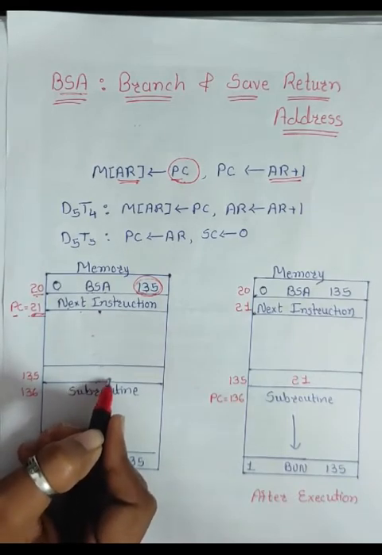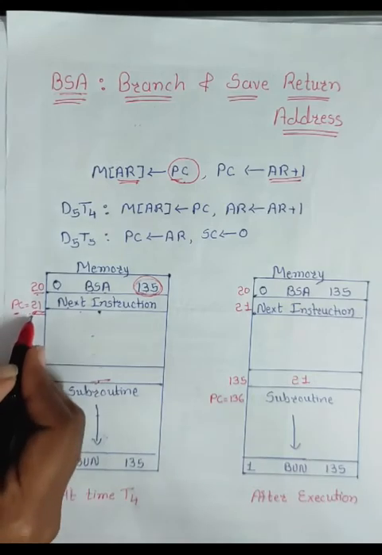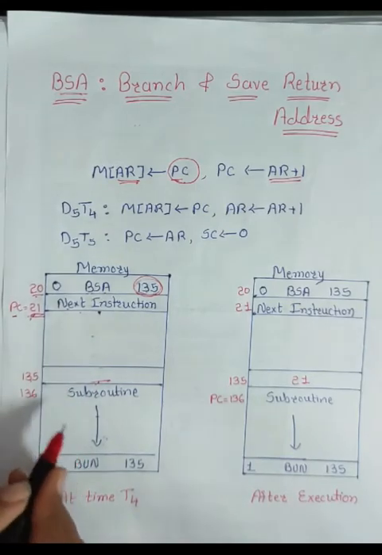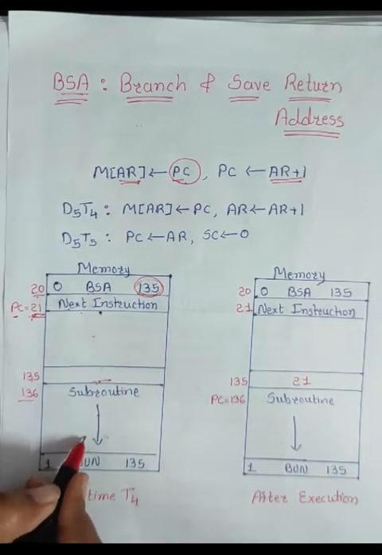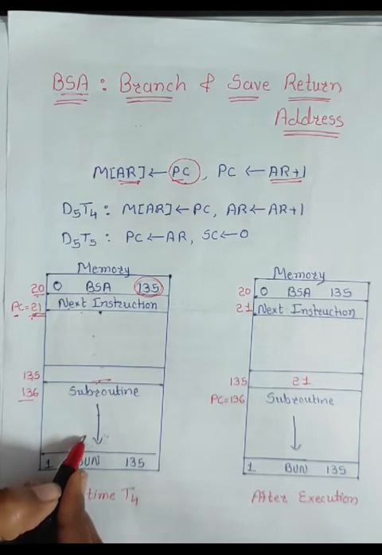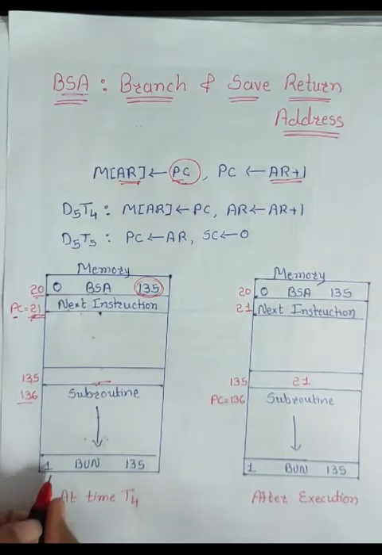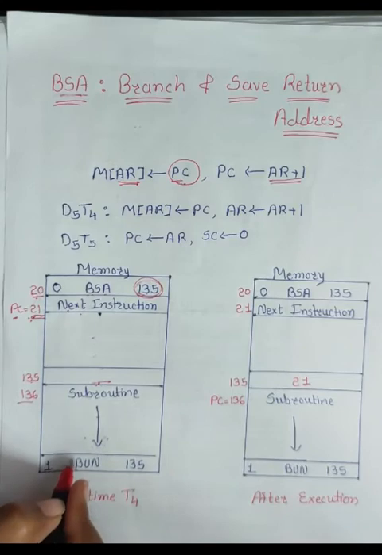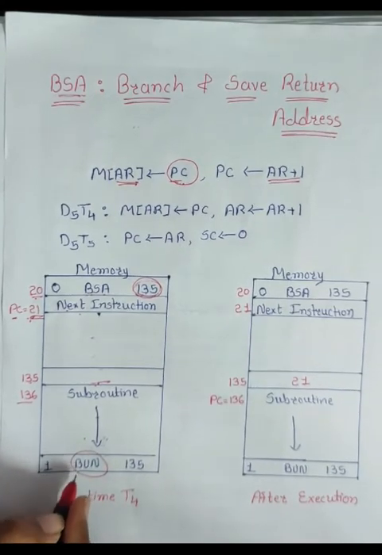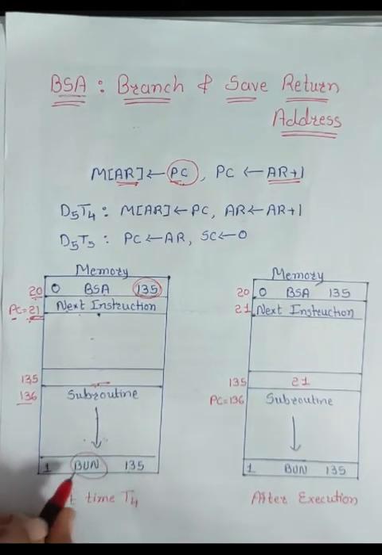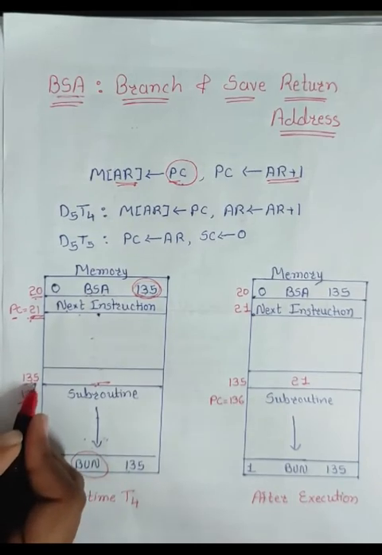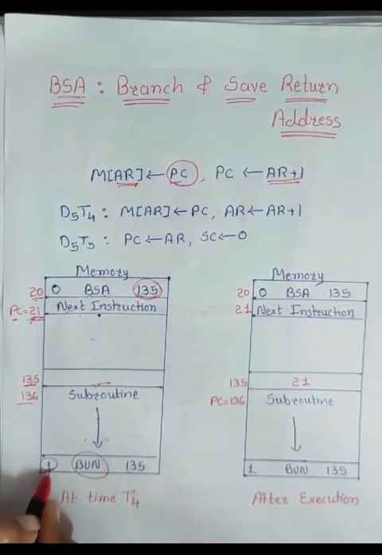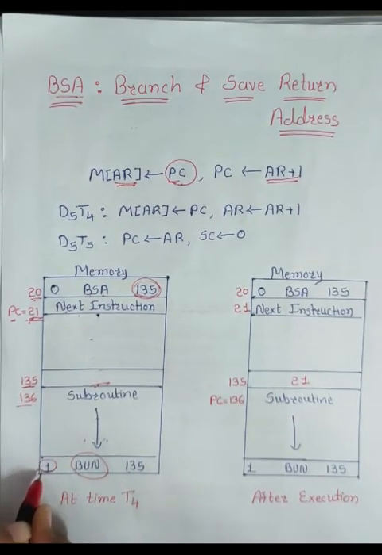Because here we can store the return address. From 136 onwards I have the subroutine, and at the end of the subroutine there is a BUN instruction that will jump to location 135 indirectly. I'll explain the reason behind this indirect jump.